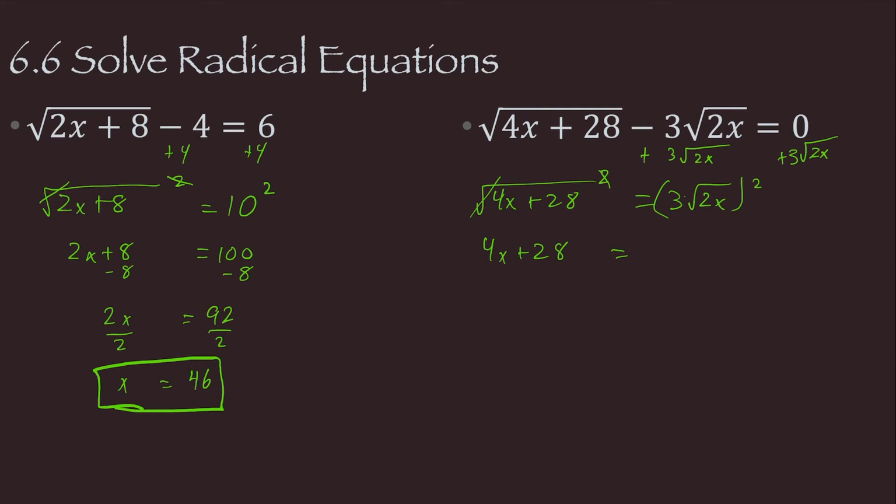So since it's 3 times the square root of 2x, we could distribute this exponent and have 3 squared times the square root of 2x squared, the square root and the square would cancel, and you have 2x.